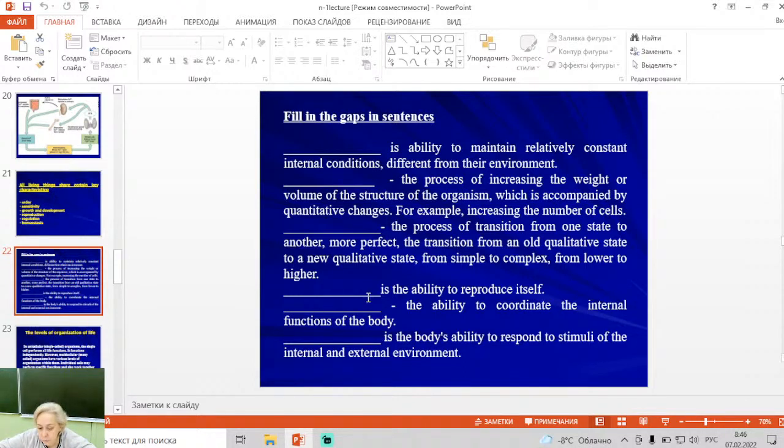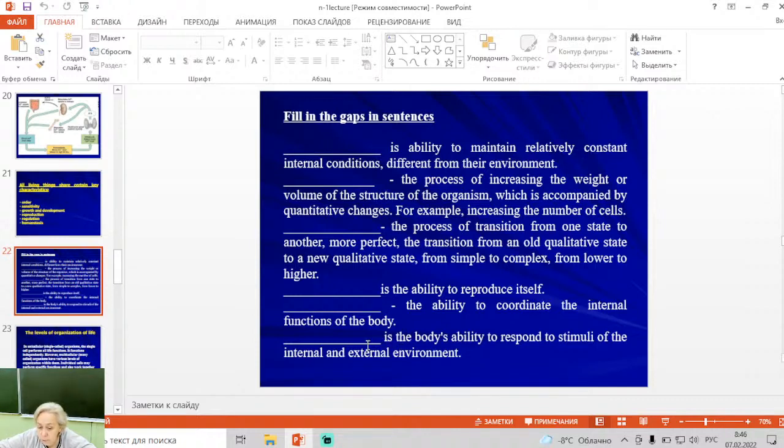Reproduction. The ability to coordinate the internal function of the body. It's regulation.